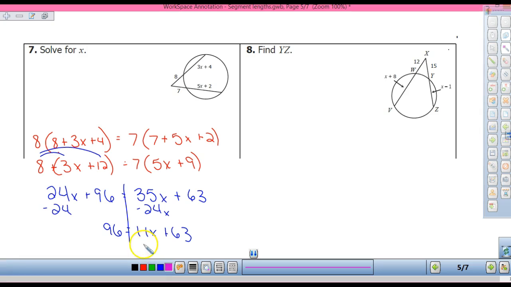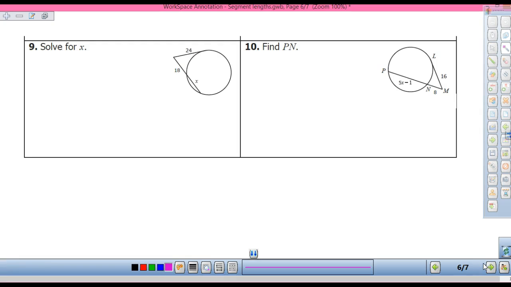Move my 63 over. 11x equals 33. So x equals 3. Questions on the whole algebra part of this? No? A lot of solving equations in this stuff.